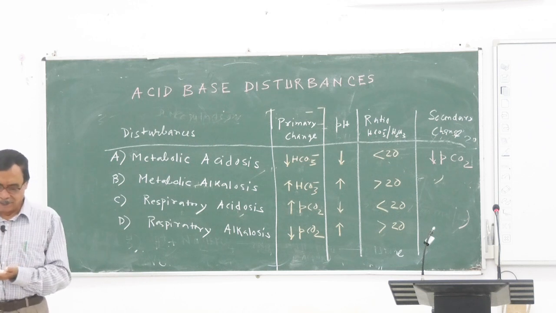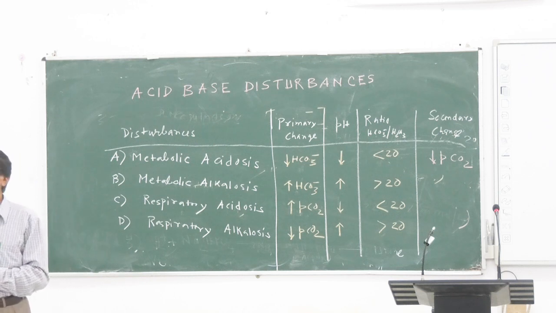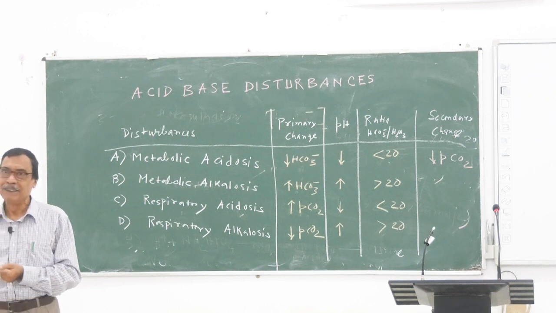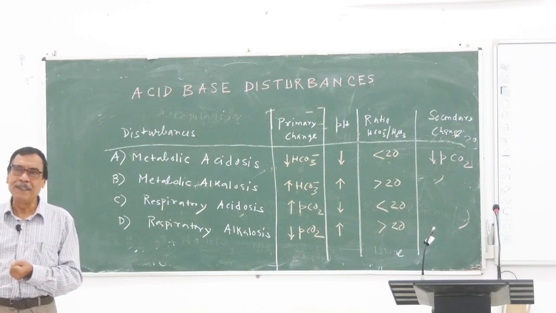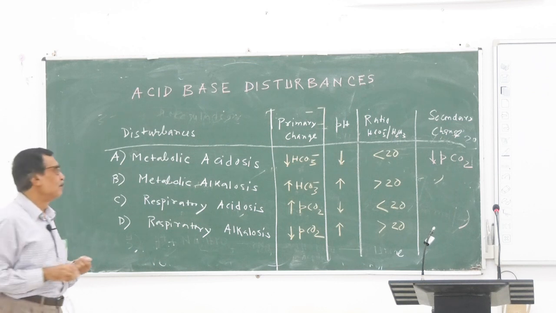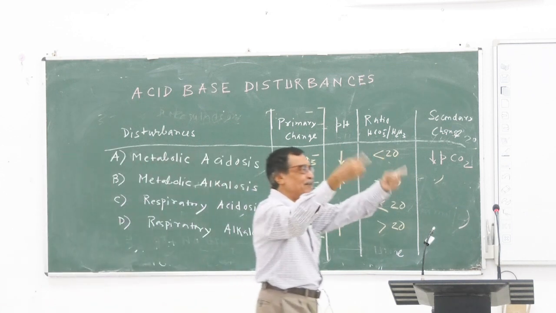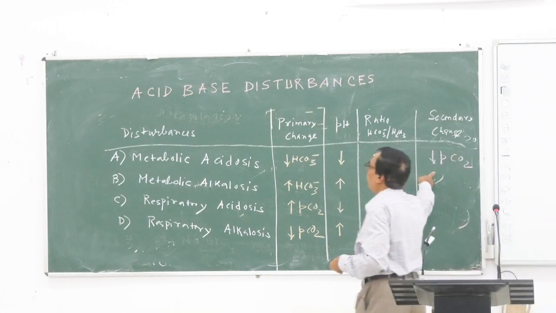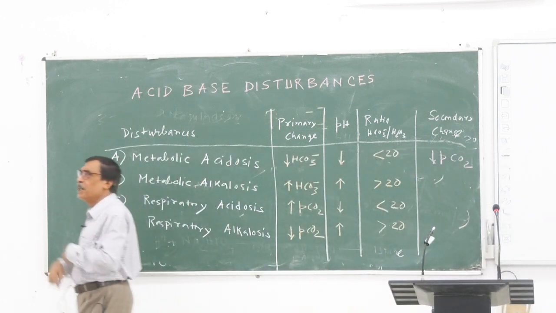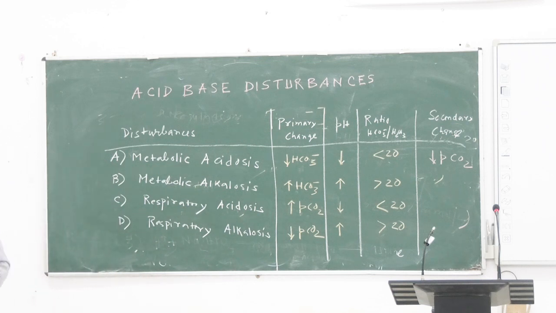In acidosis there is hyperventilation, and hyperventilation means carbon dioxide will be eliminated. More elimination of carbon dioxide in acidosis and lowering of the PCO2.